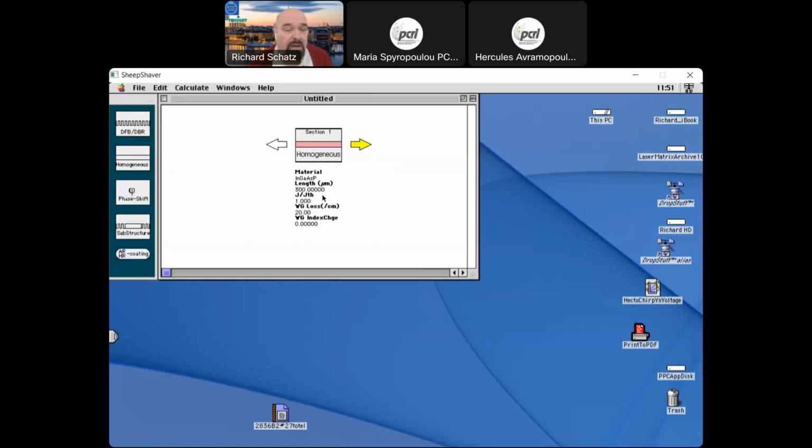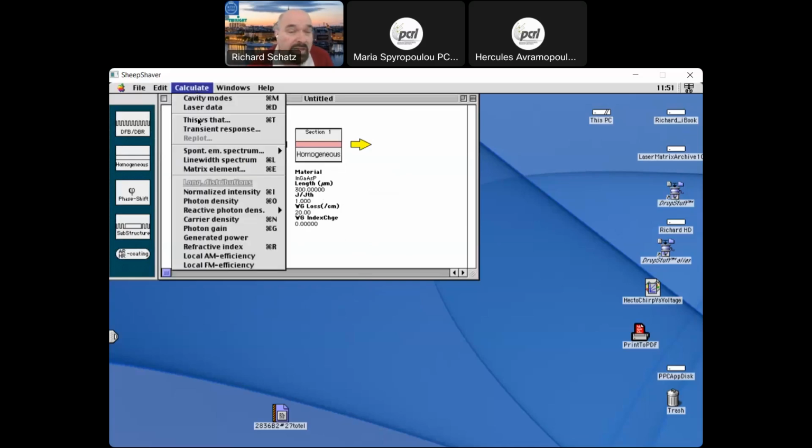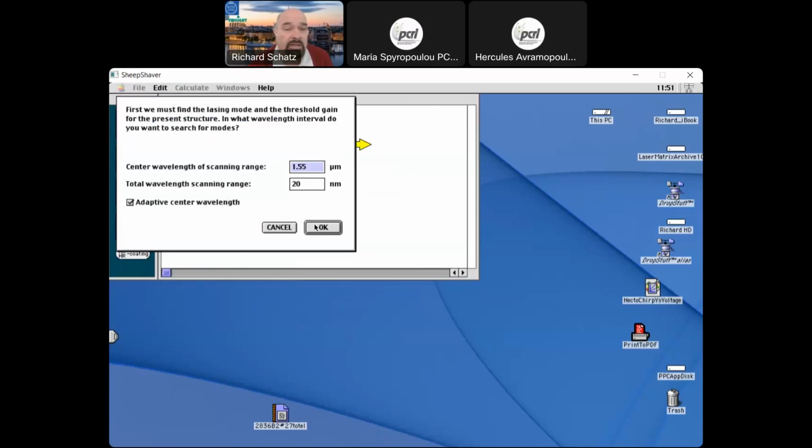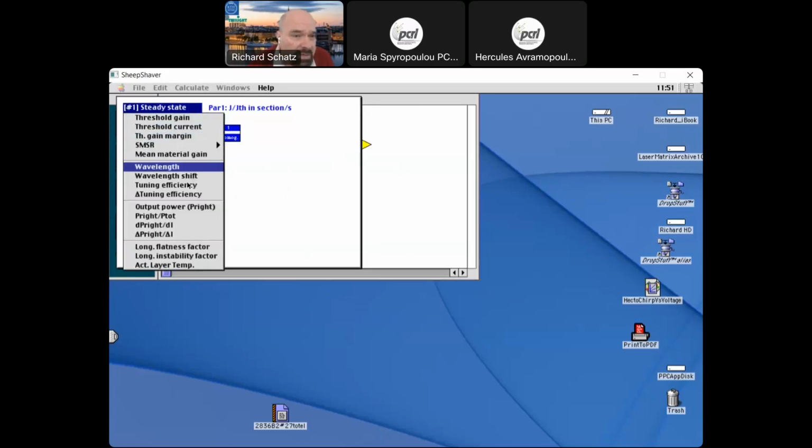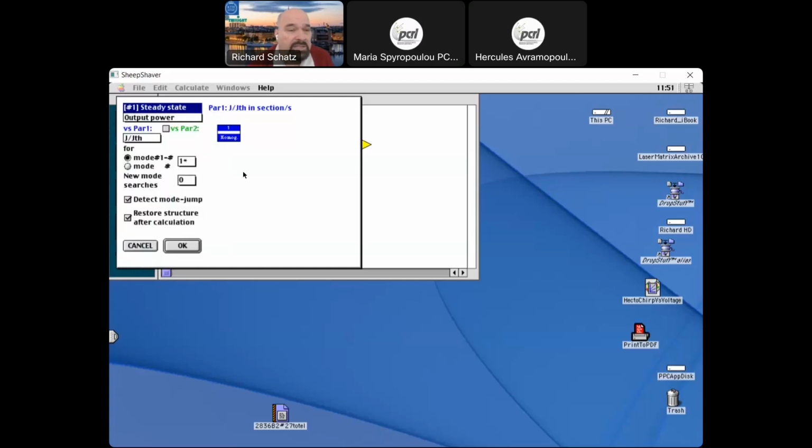So let's see how such a laser works. We can just calculate first this versus that, and then it asks which wavelength range I want to calculate, and then here I can calculate, for instance, the output power of this laser as a function of current density over threshold current density.